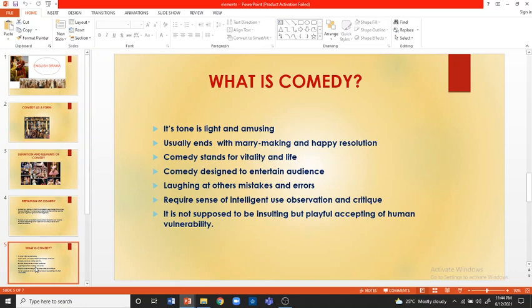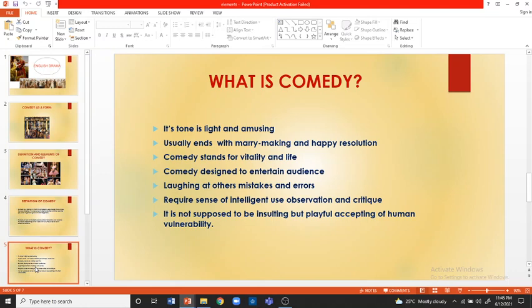Then one very important thing is that it is not supposed to be insulting. Laughing at others' mistakes or errors is not supposed to be insulting, but it is supposed to be a playful accepting of human vulnerabilities.